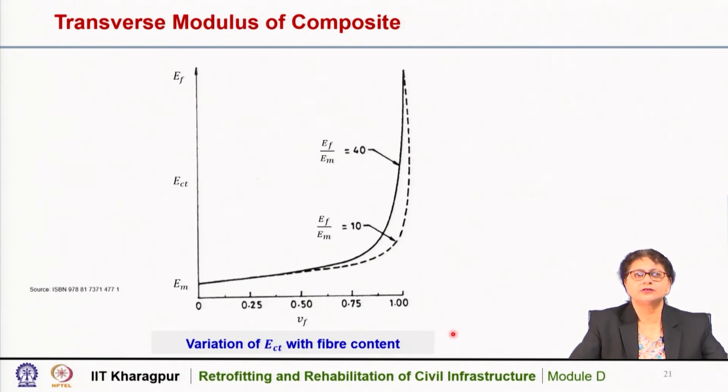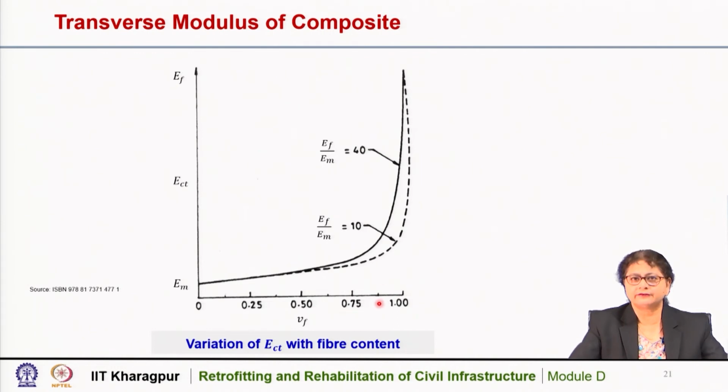This graph shows the variation of the elastic modulus of the composite in the transverse direction with fiber content. The fiber content is plotted on the x axis, and this is the Ect for different Ef by Em values. We can see here that at lower values of the volume fraction of fiber, there is not a significant increase in the transverse modulus of the composite.